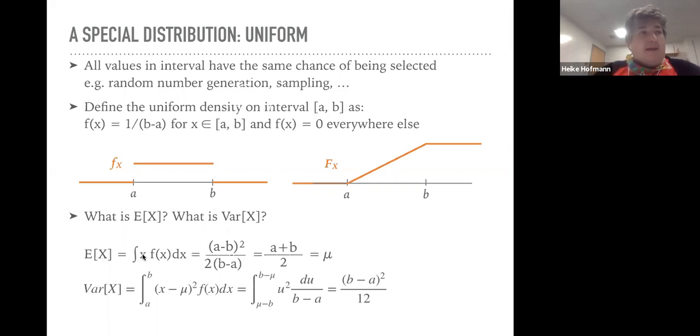So the integral of x is x squared over 2, and we put in the limits of a and b, so b squared minus a squared, divided by b minus a, and once we simplify that a little bit, we come up with, well, it's half of a and b. A plus b over 2. The expected value is right here in the middle.